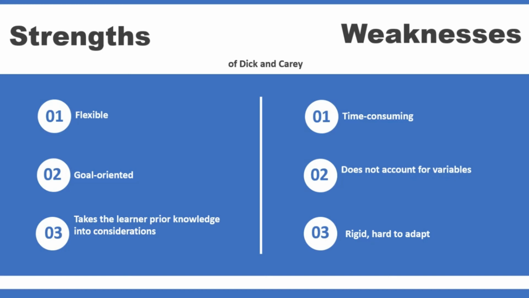And the last weakness is that it is rigid and hard to adapt. Why? Because each component is very critical and none should be skipped. It means that from this step, you must go directly into the next step because the model is very linear. So you go from one step to another without skipping any step.